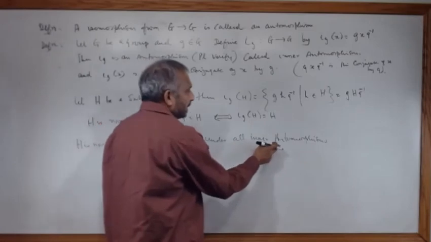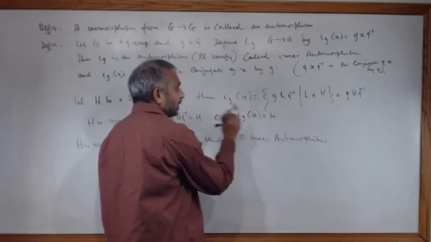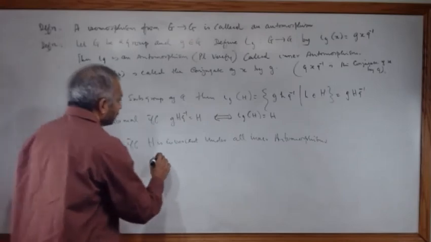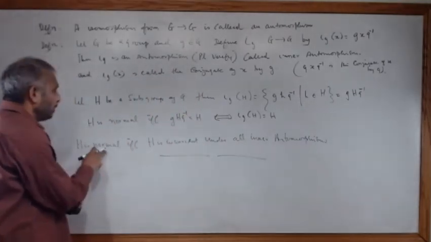Invariant means it doesn't change. ig does not change the subgroup H. ig of H is equal to H. It is invariant. So this is another condition for a subgroup to be normal.